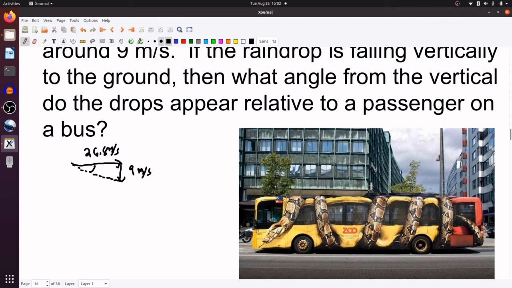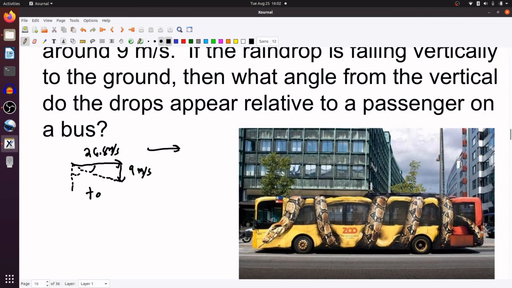And you're thinking to yourself, no way, raindrops are not that slanted. When we drive, they're obviously going to have some slant. And the faster we go this way, the more the slant. But in this case, they're actually asking for from the vertical, so we're going to look for this angle, and then we'll just take the complementary. So anyhow, you just use inverse tangent.